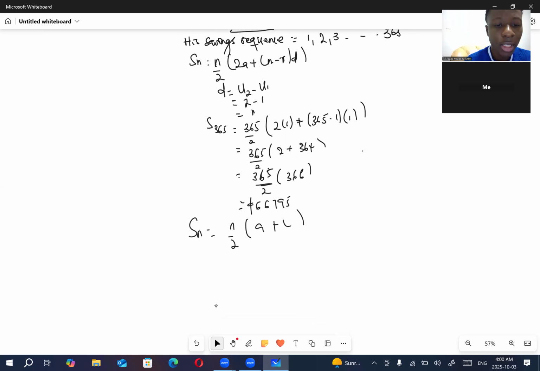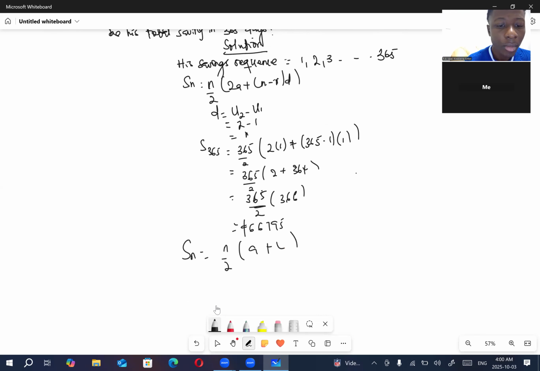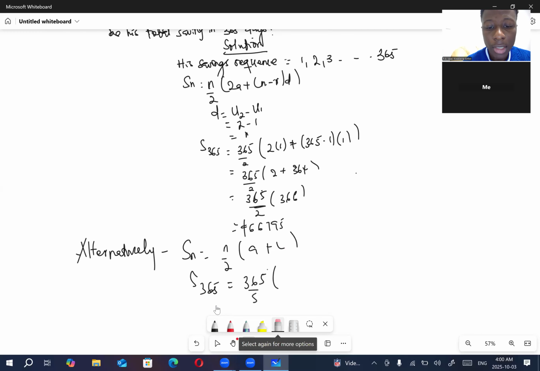Alternatively, S365 will be equal to 365 over 2 into bracket, a is 1 plus l which is 365.